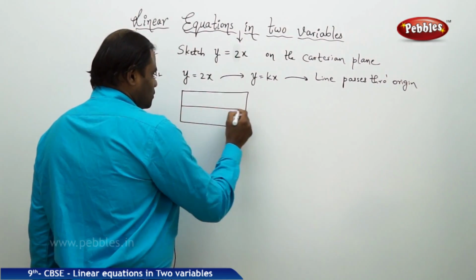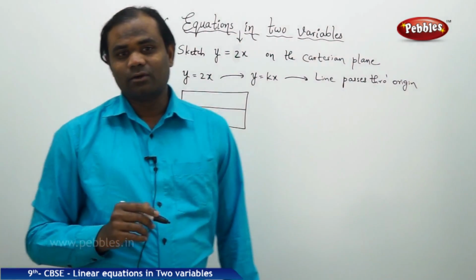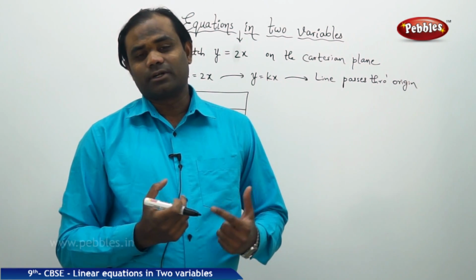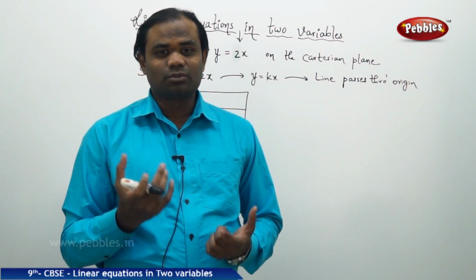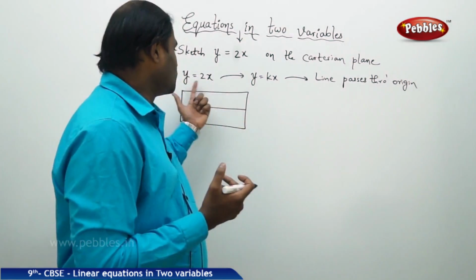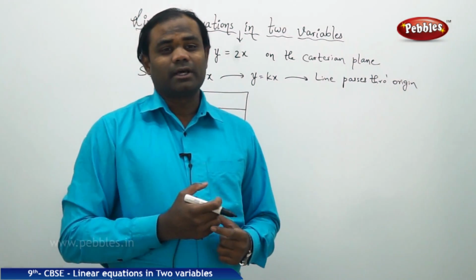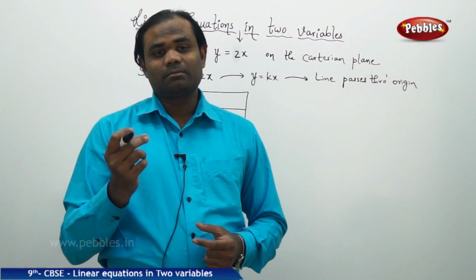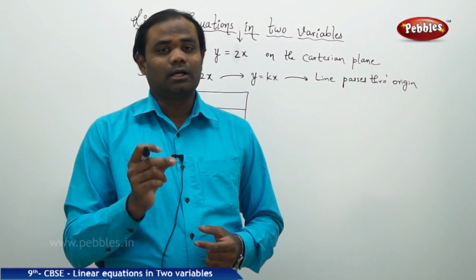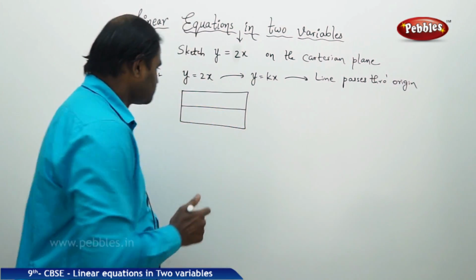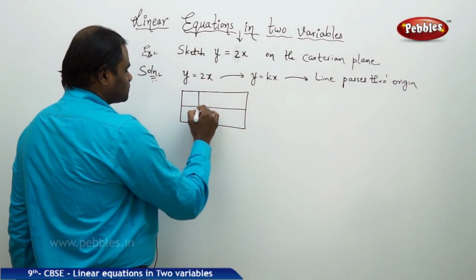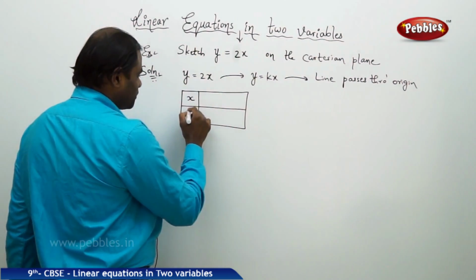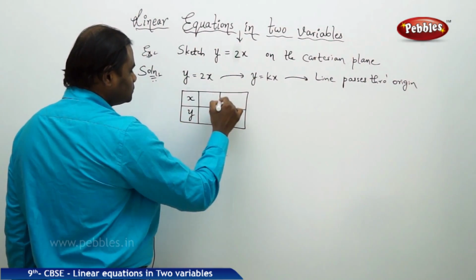Now, as we know, to sketch a line, a minimum of 2 points are required. If I can identify 2 points which lie on this line, then it's easy to sketch the line. The minimum condition for a line is 2 points. My first row has variable x and my second row has variable y.